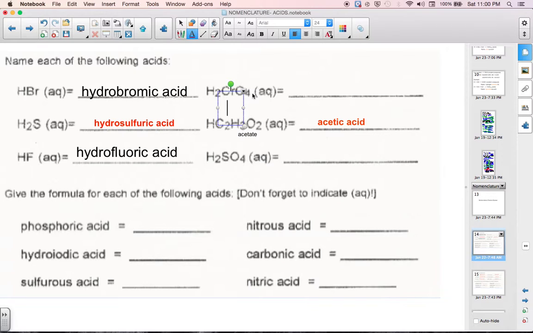Okay, so it's actually the chromate oxyanion. Since again it ends in ATE, I have to make sure that I use the ic acid ending. So chromic acid.